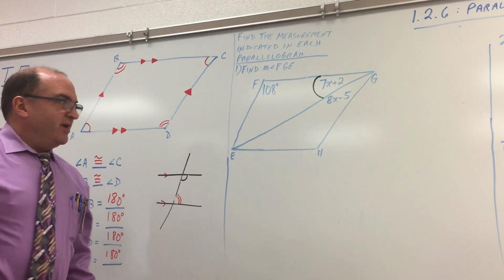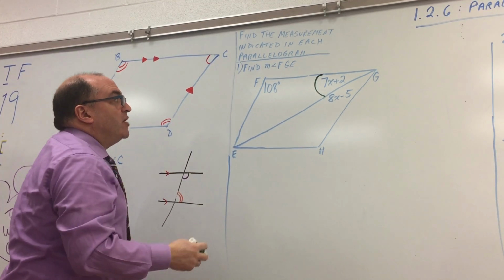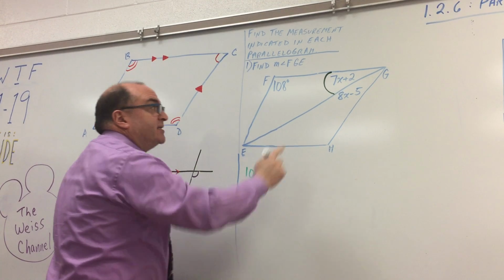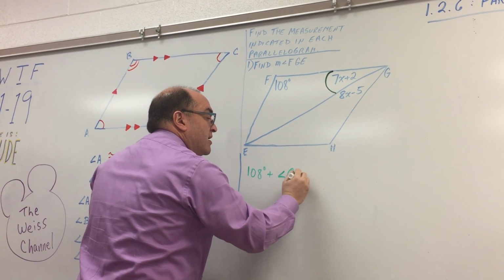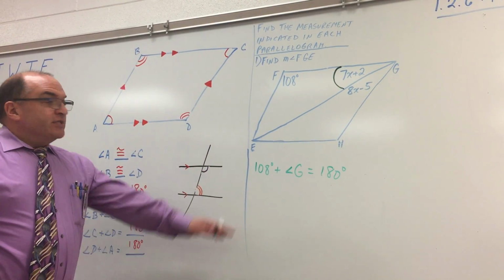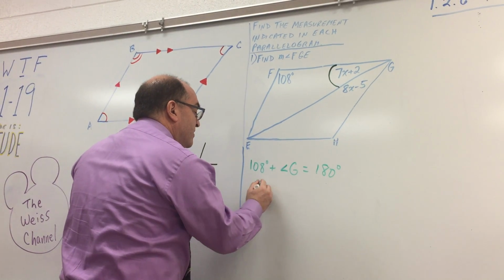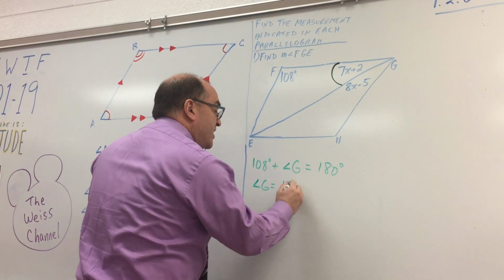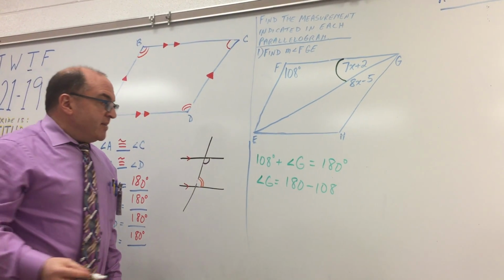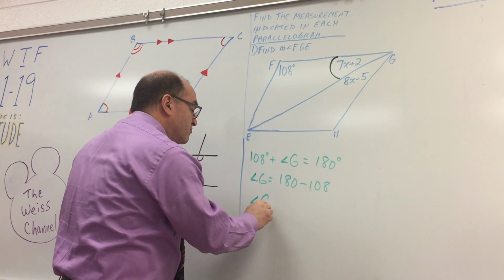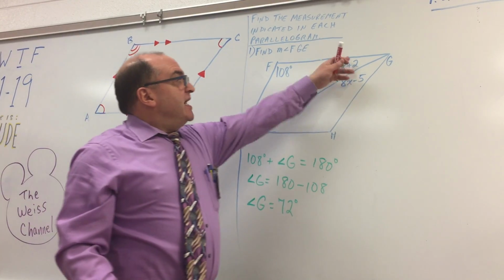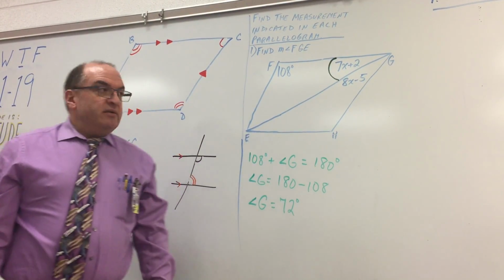Yes, very good. 180 minus 108. Why? Because 108 degrees plus angle G equals 180 degrees. So angle G equals 180 minus 108. What is 180 minus 108? 72 degrees. This entire angle here is 72 degrees.